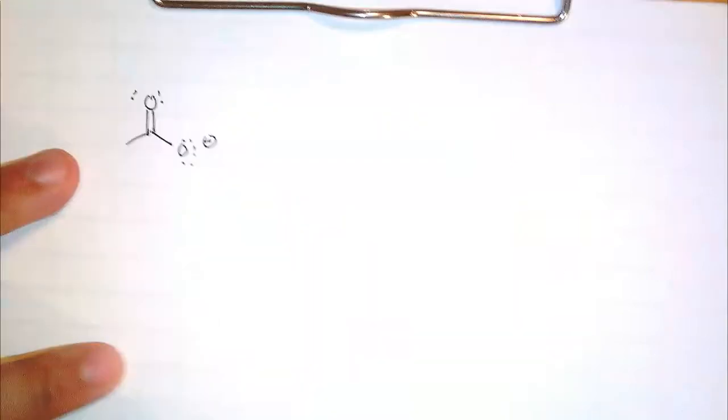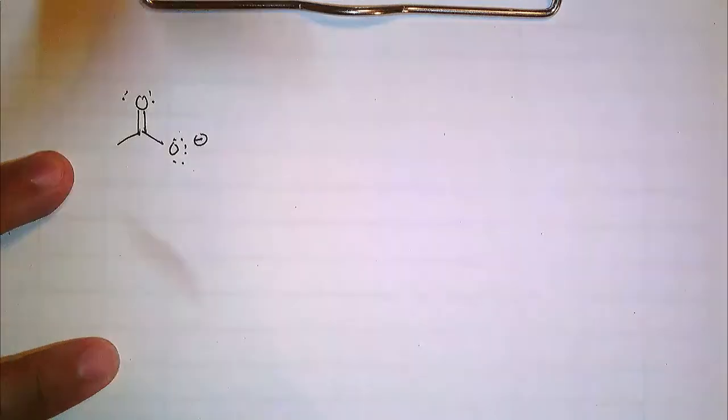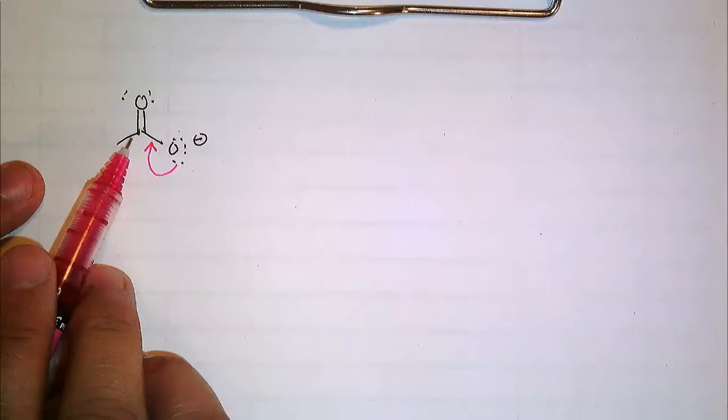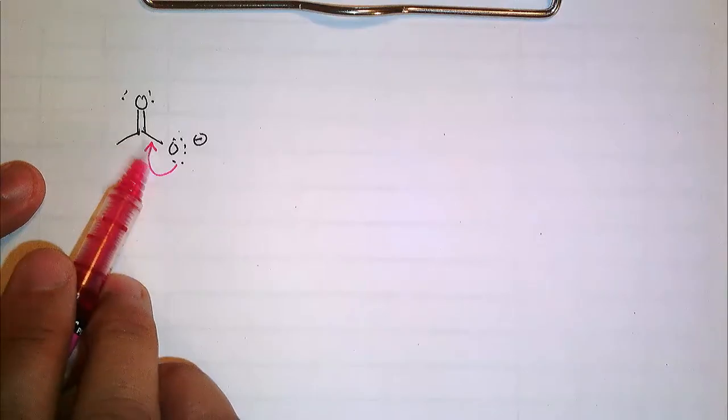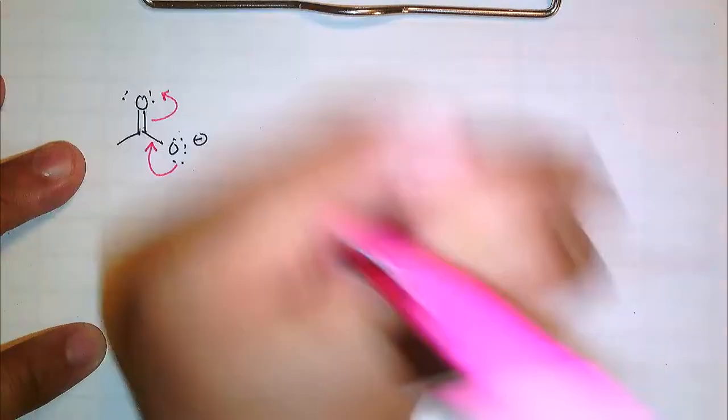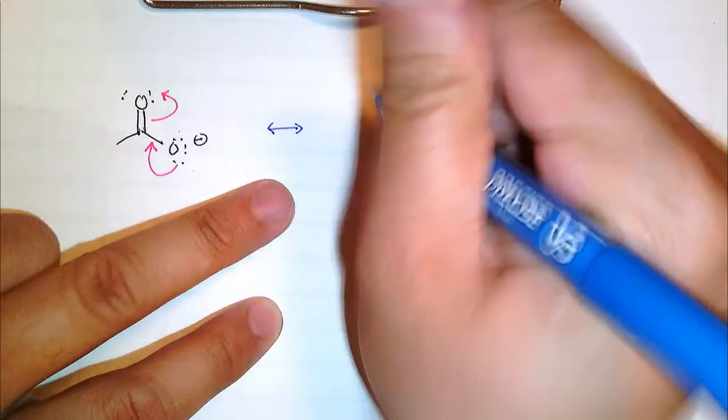You could move a lone pair to an adjacent bond. So when I do this, you notice that this carbon now has 5 bonds, a double bond and a single bond. But we can resolve that by moving that. So this is an example of resonance with an anion.